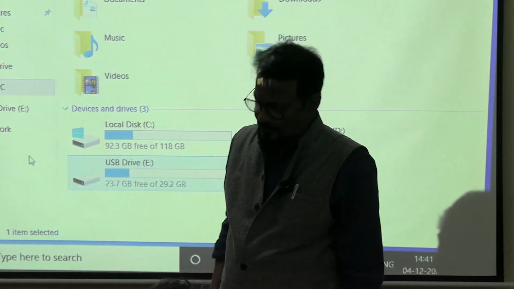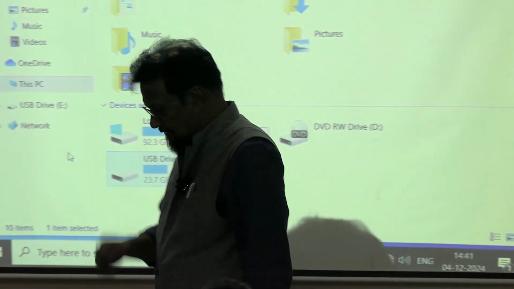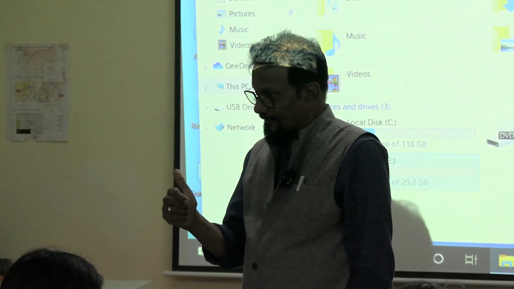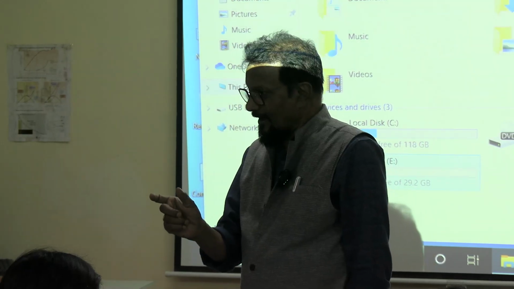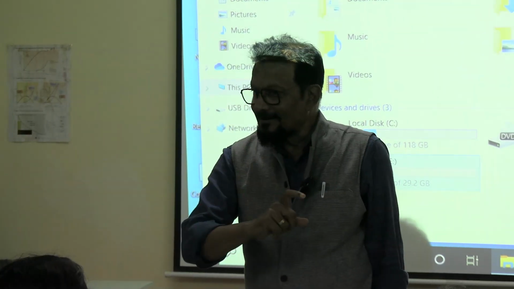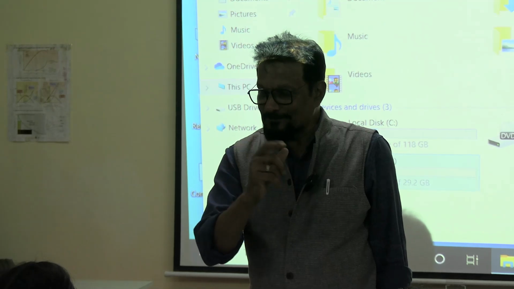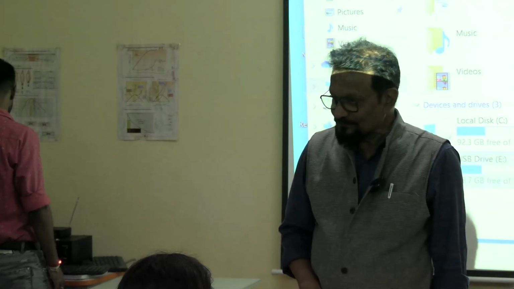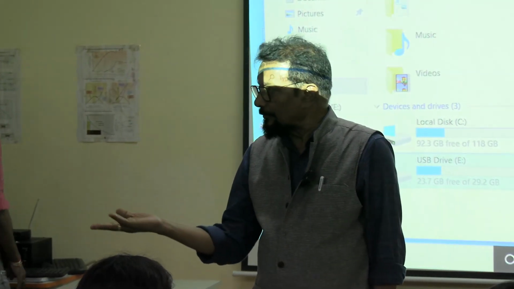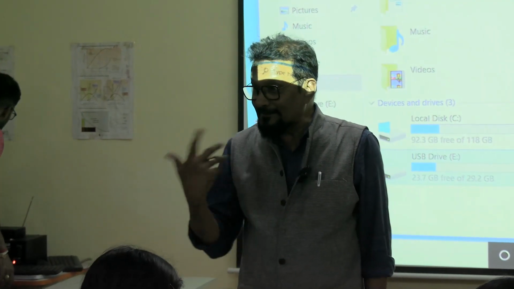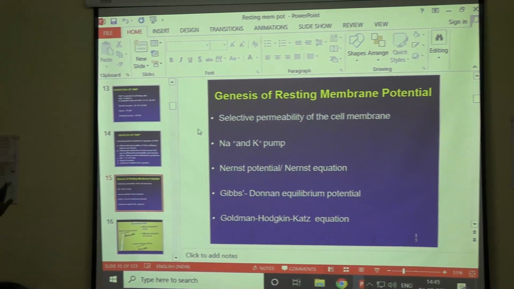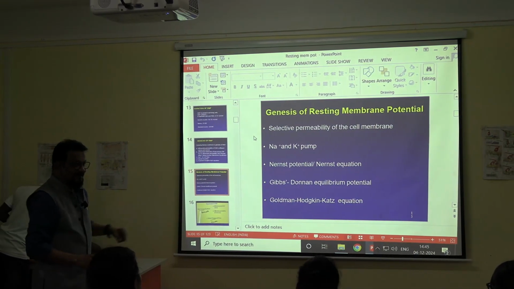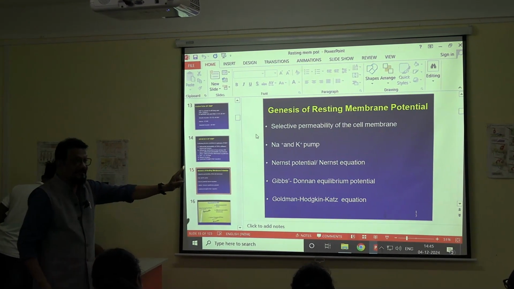My nucleus says, okay, the problem is not solved. Let's prepare another mRNA and produce another protein, and it will create another ion channel, and that channel is the sodium channel. Previously we found that there is a potassium channel. Now another channel came. You have to understand this mechanism. This is the selective permeability of the cell membrane.